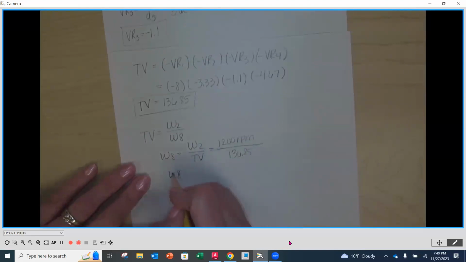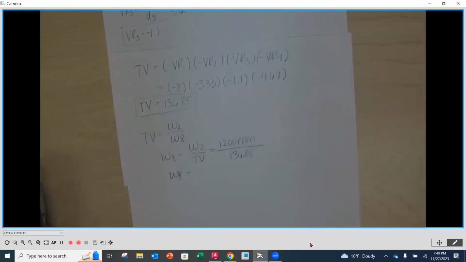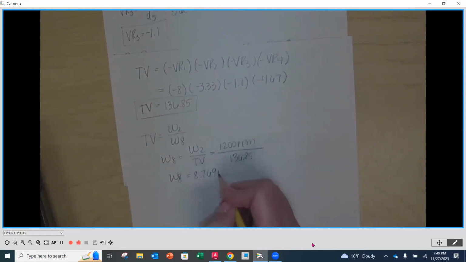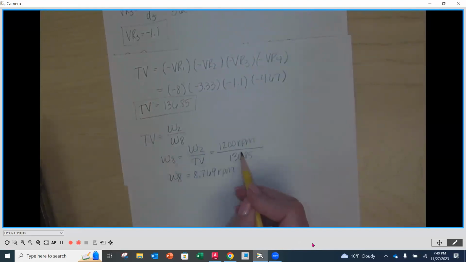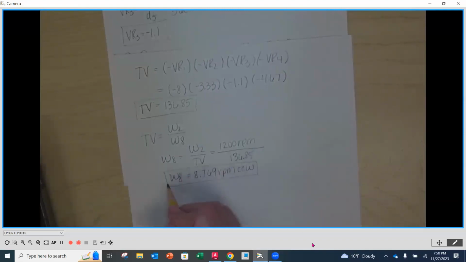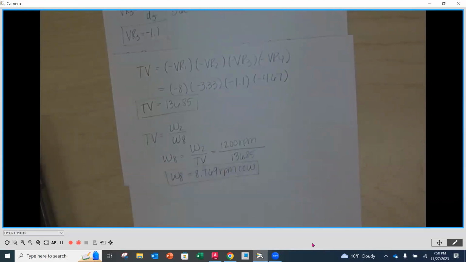So our W8 will be 8.769 RPM. And because gear 2 is going counterclockwise, it's going to be going in the same direction. So W8 will be counterclockwise as well.